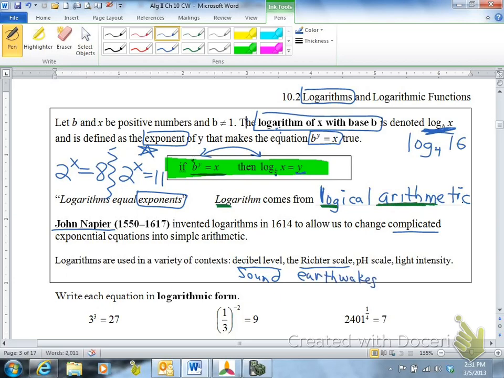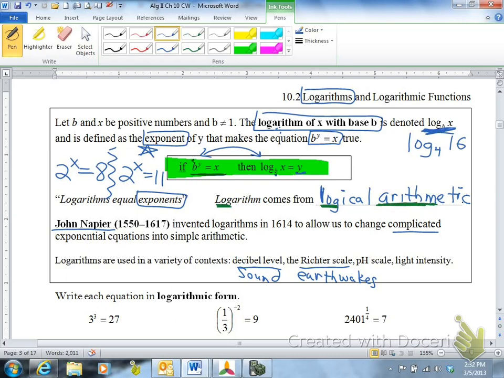How bad an earthquake is can be measured with logarithms. The pH scale is a science application, how acidic or basic a substance is. You can use logarithms to measure that. And then light intensity, how bright something is to our eyes. You can use logarithms to figure out how bright something is.